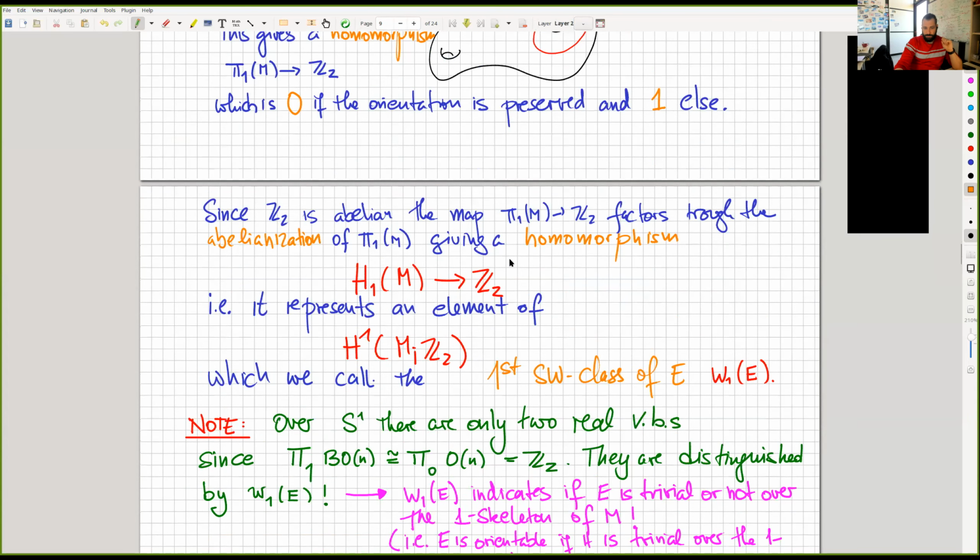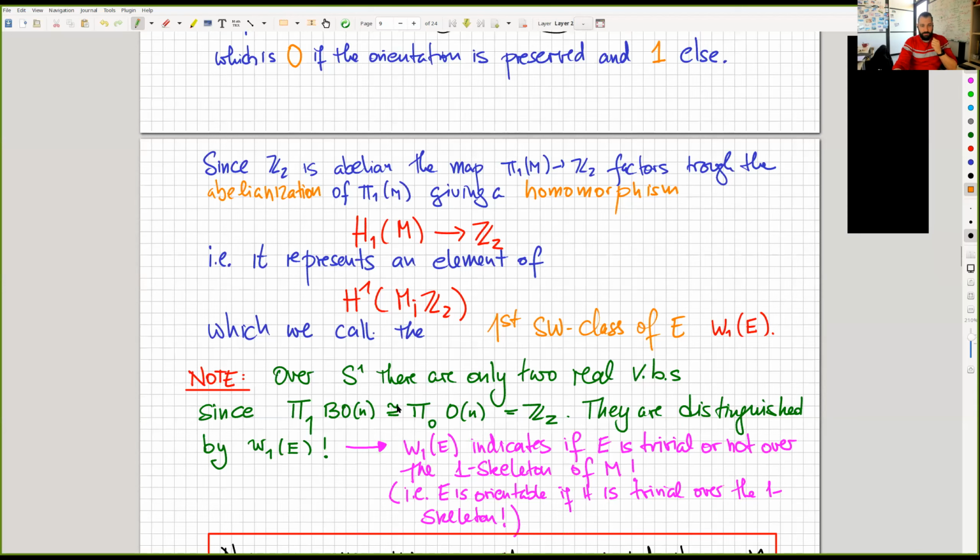Okay. And so note now for our purposes one special remark. If you take S1, you have only 2 real vector bundles over S1 for any rank of the vector bundle, because it's classified by pi1 of BO(n), not SO(n), and this is just isomorphic to pi0 of O(n), so it's isomorphic to the connected components of O(n), and this is just Z2, right?